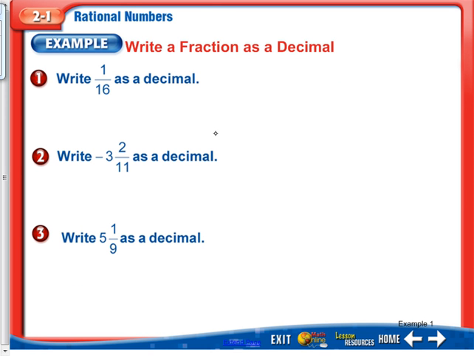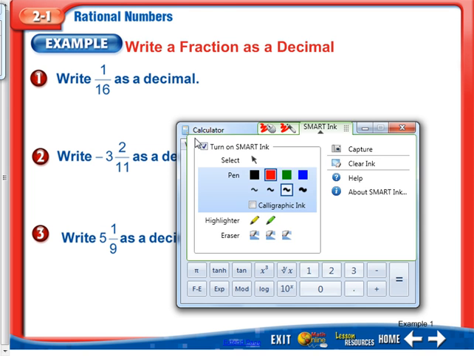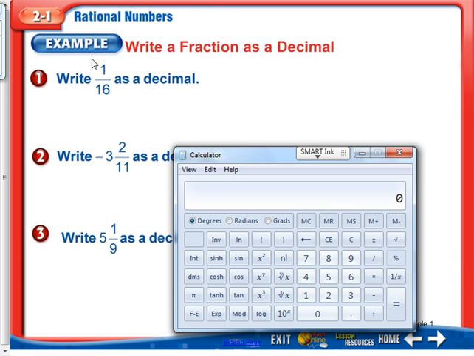Okay, so it says write 1/16 as a decimal. In order to write it as a decimal, we simply need to get our calculators out and do what the problem says. This says to take 1 and divide it by 16. So if I do 1 divided by 16, I get 0.0625.